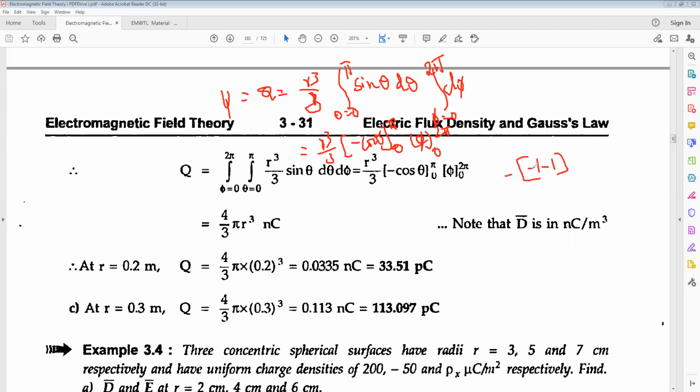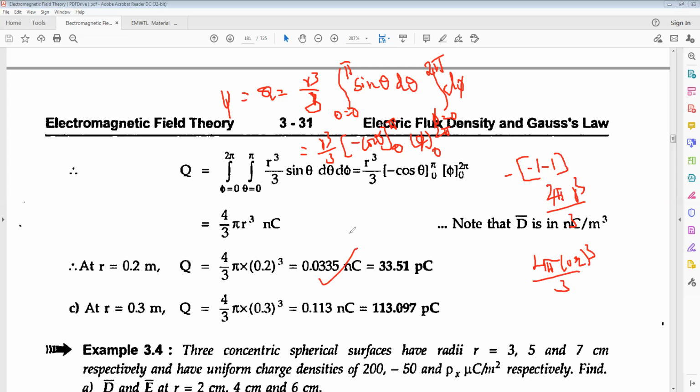Already there is a minus, so minus into minus is plus, giving the value 2. And here the 2 pi, totally you get 4 pi times r cube by 3, that is 4 pi into 0.2 whole cube by 3. To simplify this, we get 0.0335 nanocoulombs.